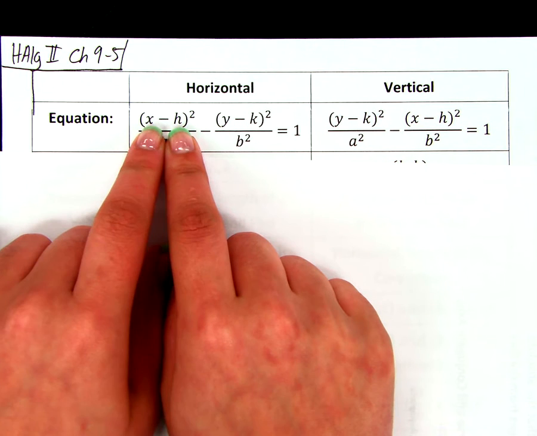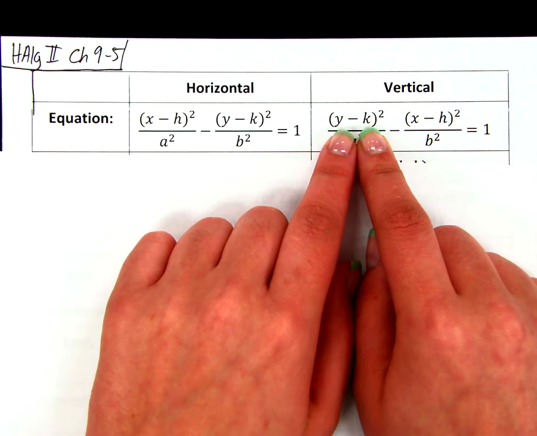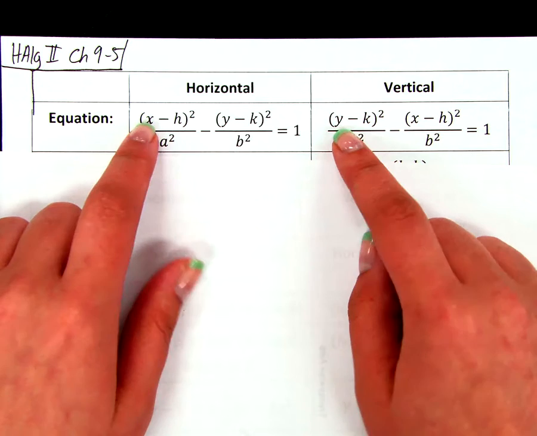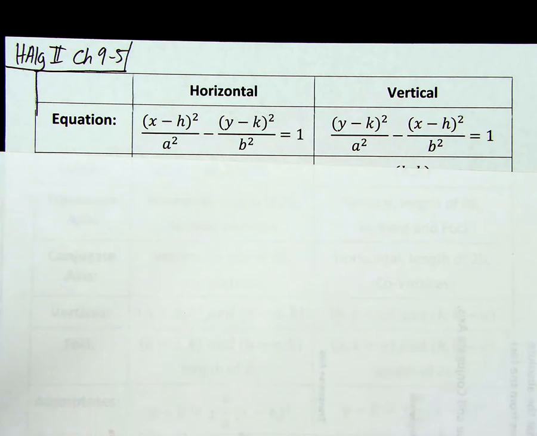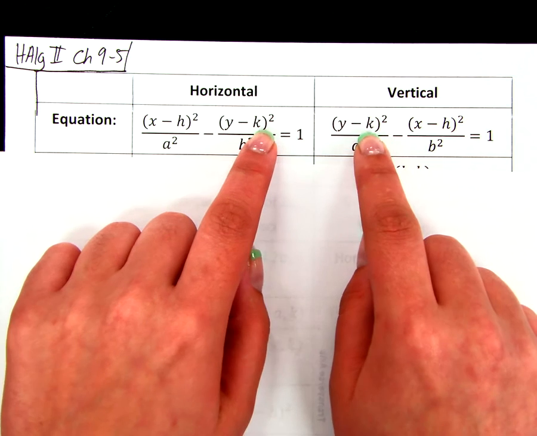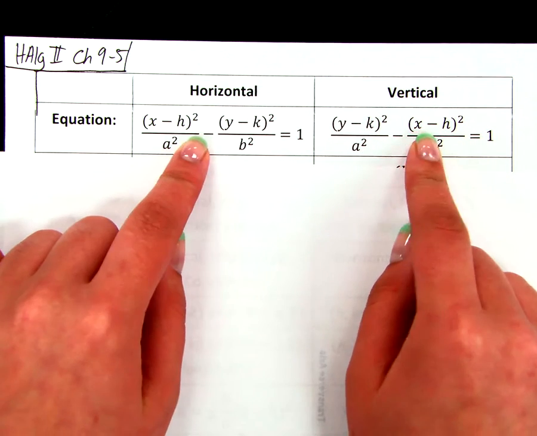If the x squared term is positive, it's horizontal. If the y squared term is positive, it is vertical. The x and y positions change places based on the direction, but the k is still with the y, and the h value is still with the x, so that part hasn't changed.